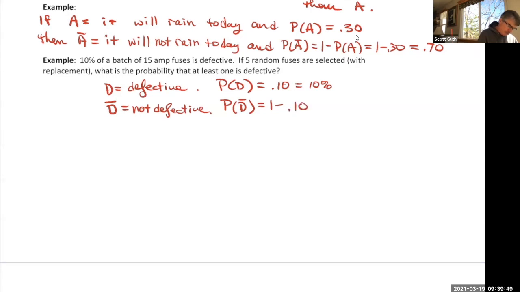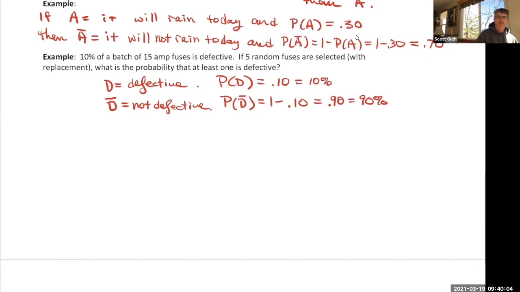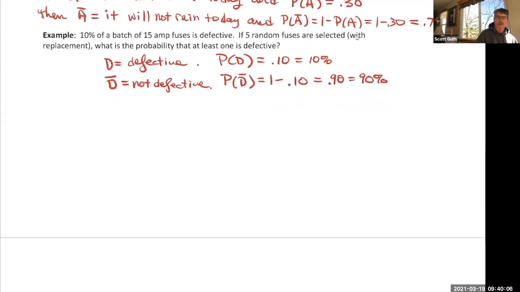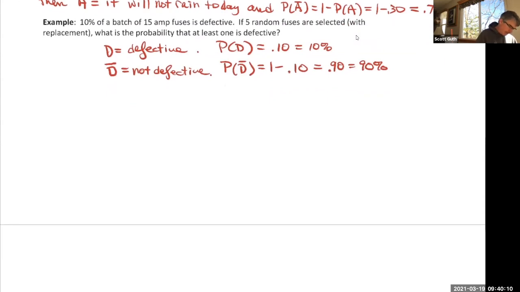Of course, 10% of them are defective, which means 90% of them aren't. Okay, that's obvious too. I didn't really need a rule of complements to determine that. We knew it already.